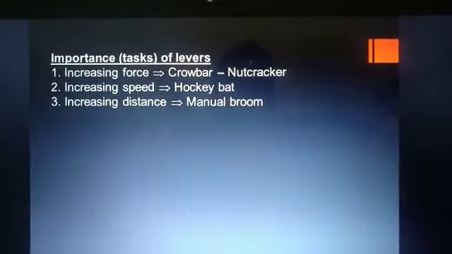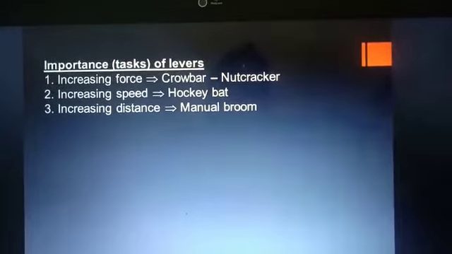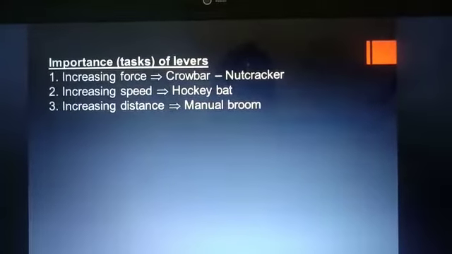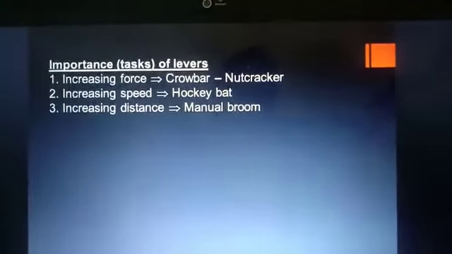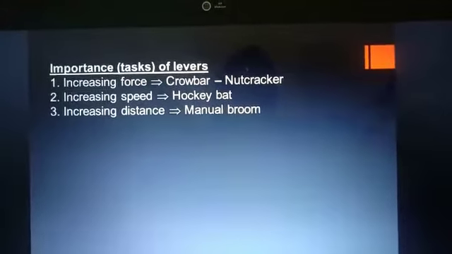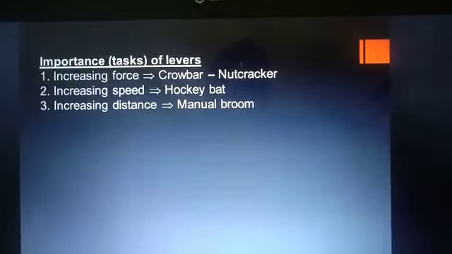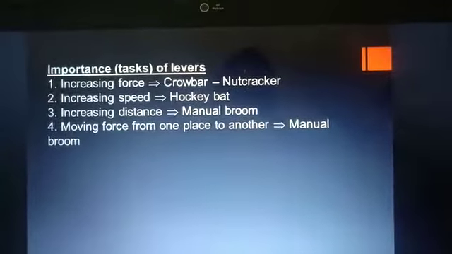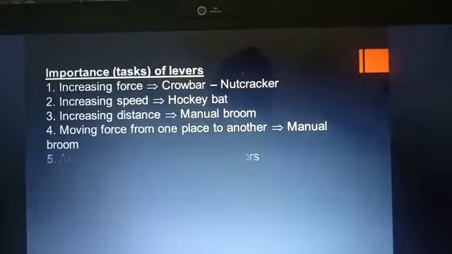Increasing distance. If I want to move some paper from this place to there, I will use a manual broom. It's a lever because it increases the distance and helps me to do my task. 4. Moving force from one place to another, like a manual broom.